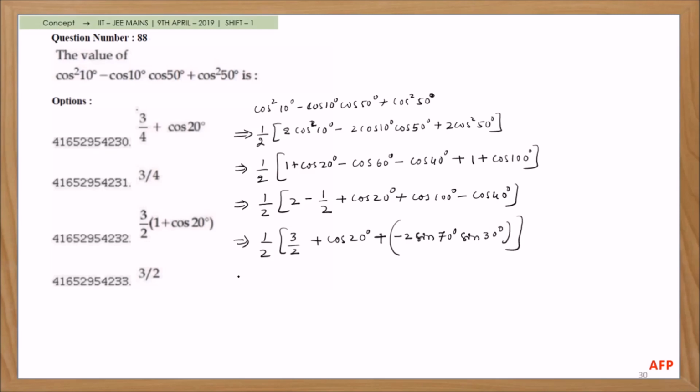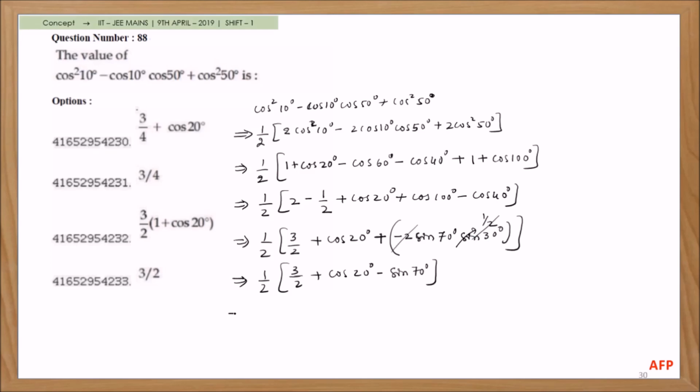So what simplified answer did you get? So 1 by 2 into 3 by 2 plus cos 20 degrees, and minus you keep as it is. Sin 30 is nothing but 1 by 2, so this 1 by 2 and 2 will get cancelled, so you get sin 70.